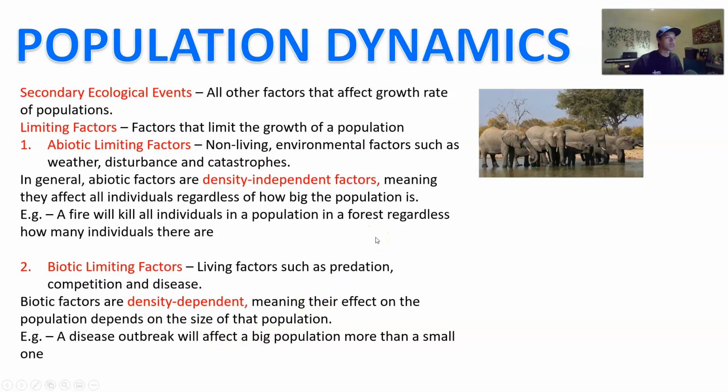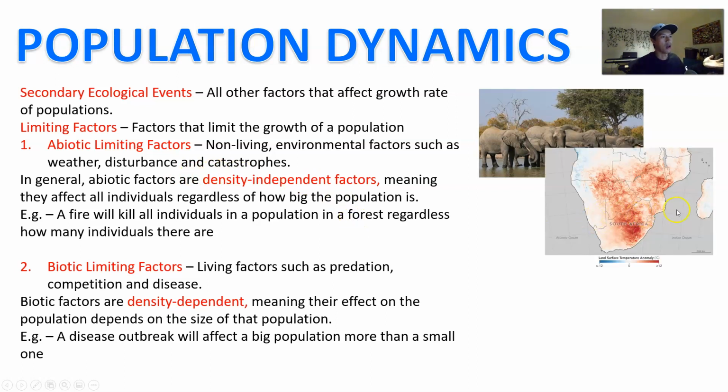Okay, elephants, for example. If we look at a population of elephants, and let's say you're tracking that particular population, something that you might want to look out for is the weather, right? You look at the limiting factor of the weather, for example, the temperature and the resulting drought as a result of that, and it's going to be affecting these particular regions.